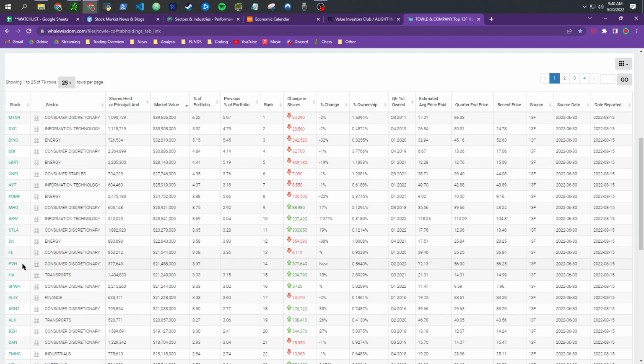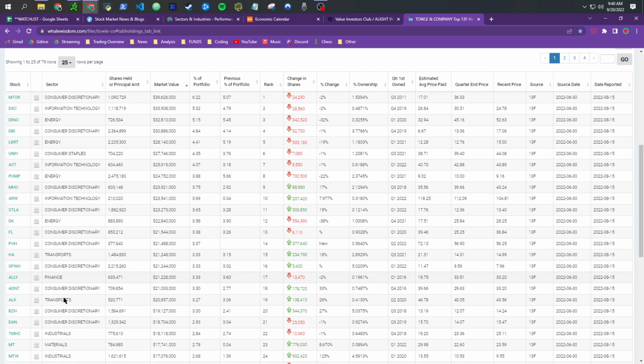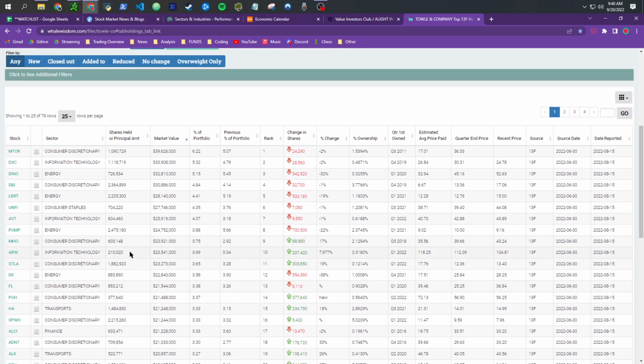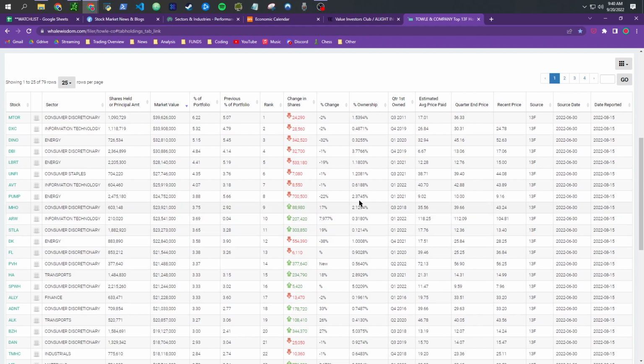Foot Locker's there. That's interesting. PVH, I just added that to my watch list. So yeah, he's got some interesting plays here. A lot of them trading at well below price to book value. So I like looking at his plays, and typically, not just him, but every fund, who is building up positions. All these positions that he's trimming.